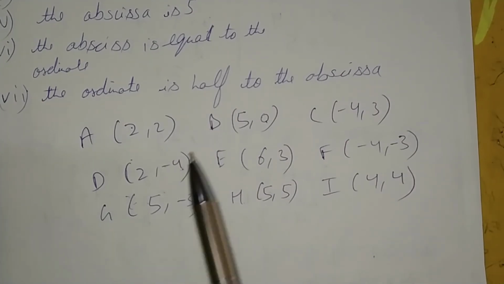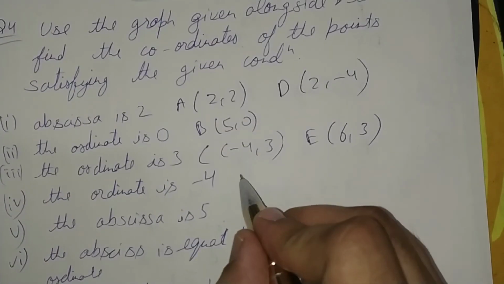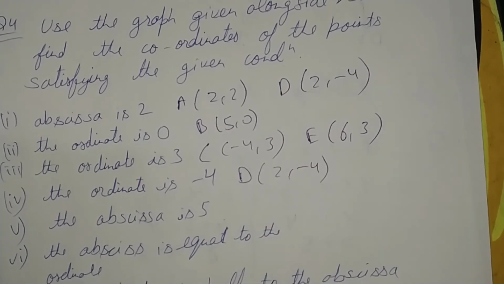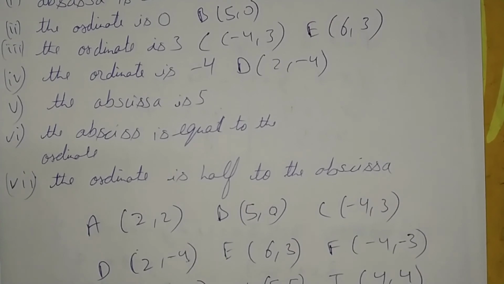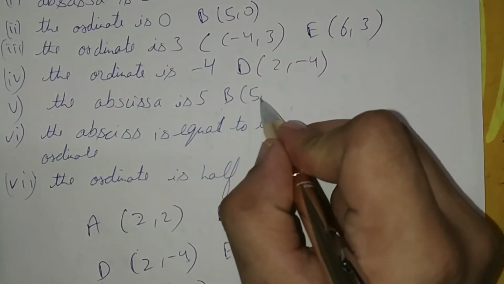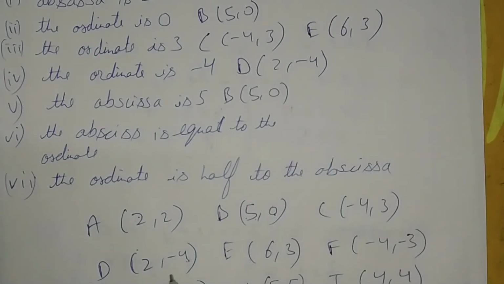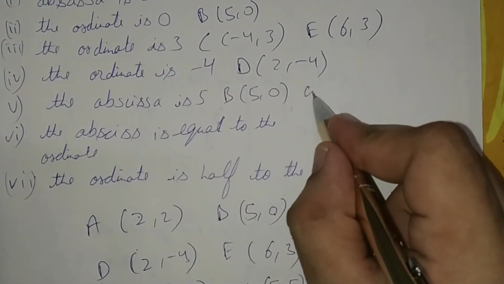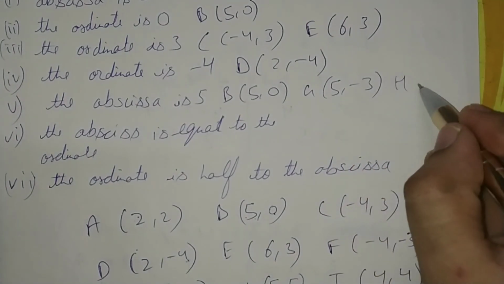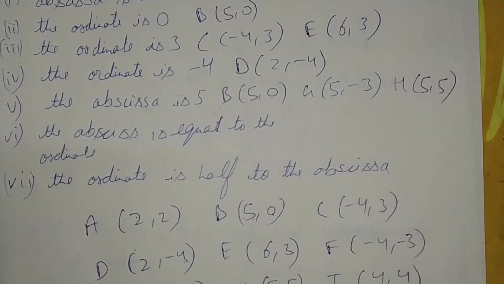Only this point is there, D 2 comma minus 4. Then abscissa is 5, x-axis 5 here, here, here. So 3 points are there, B 5 comma 0, then G 5 comma minus 3, then H 5 comma 5.